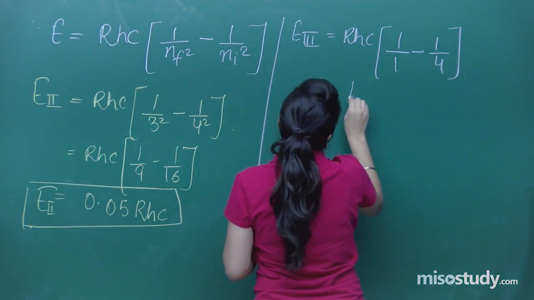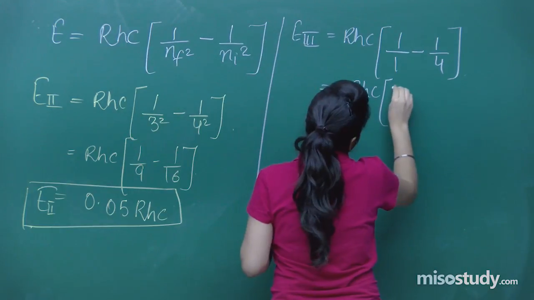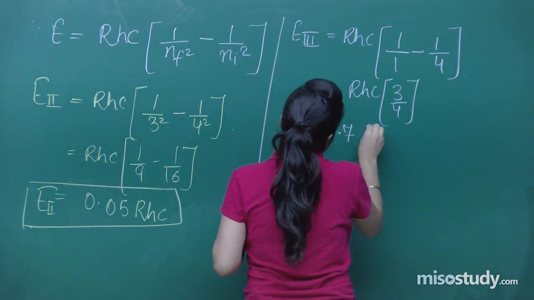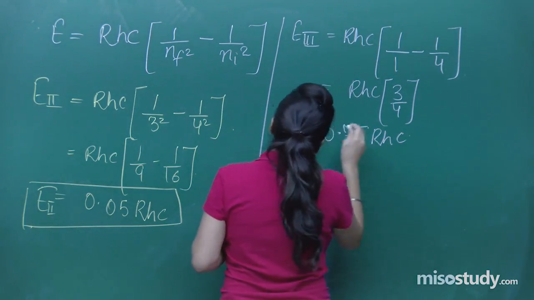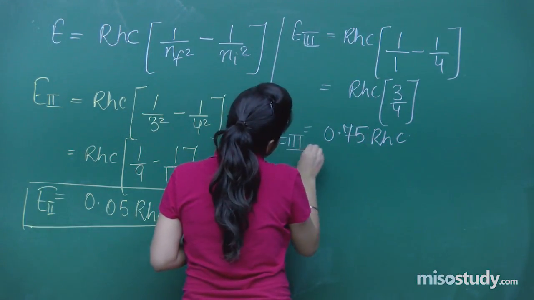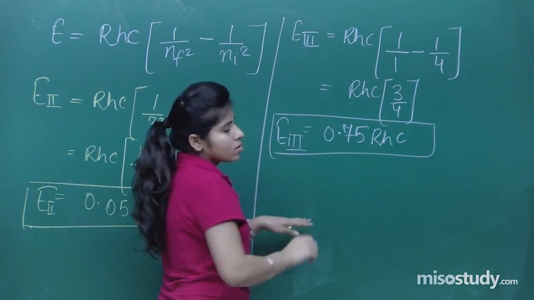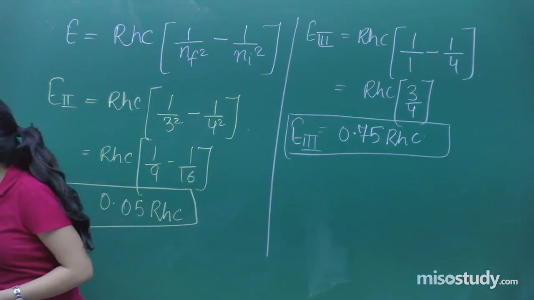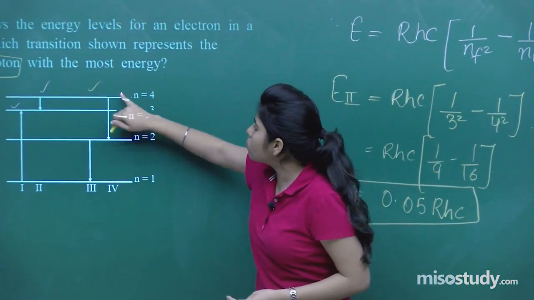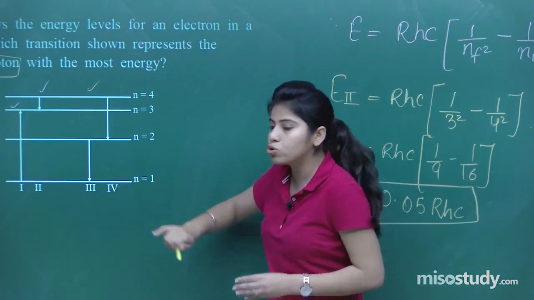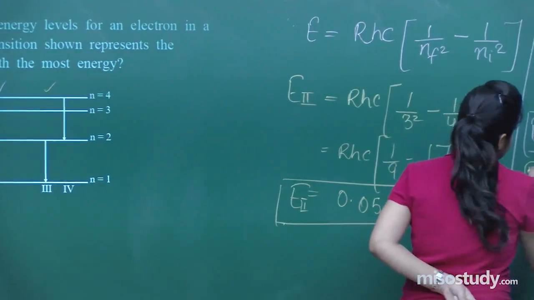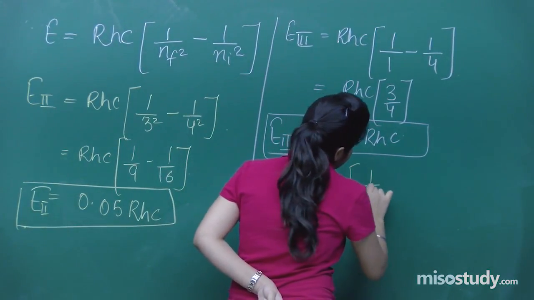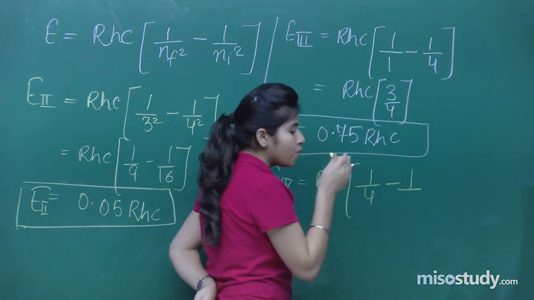So I am directly writing over here, this will be your energy for the third one, right? Now if I talk about the electron that is coming from 4 to 2, that will be RHC from 4 to 2.